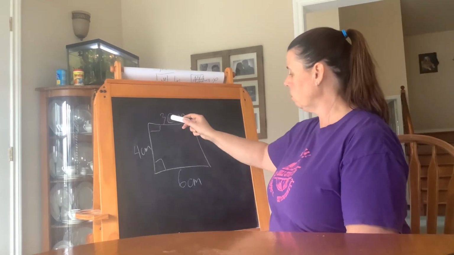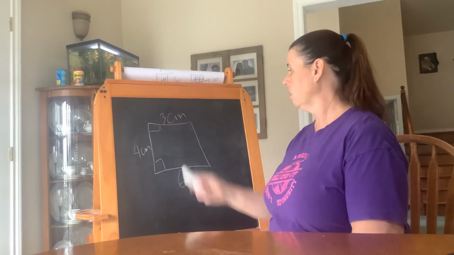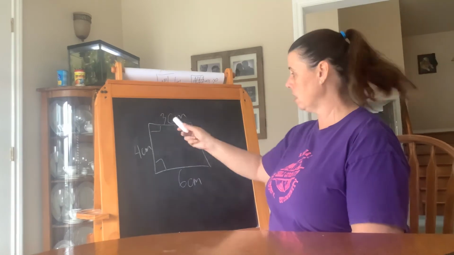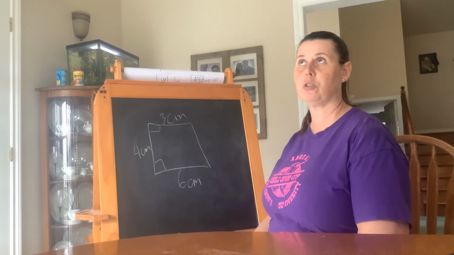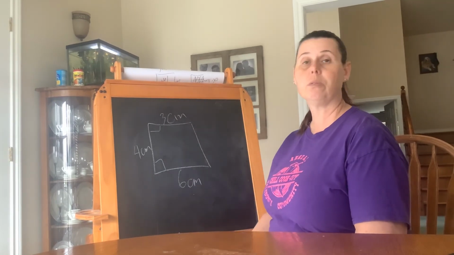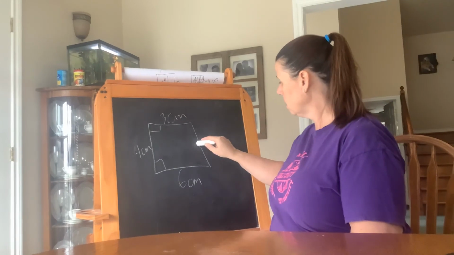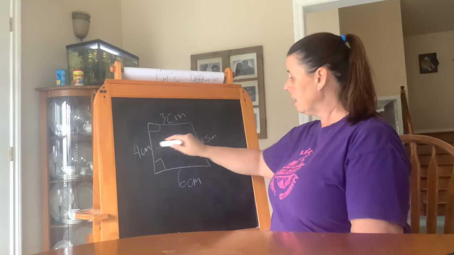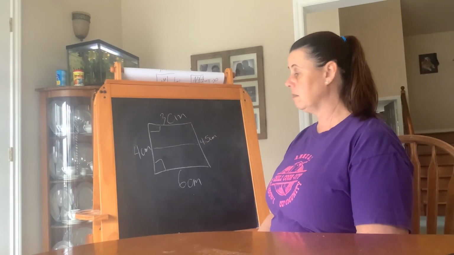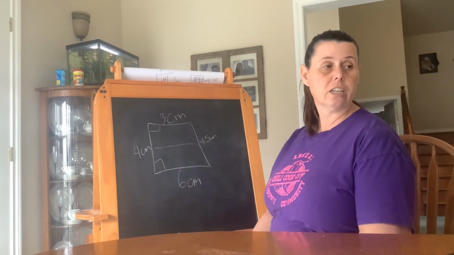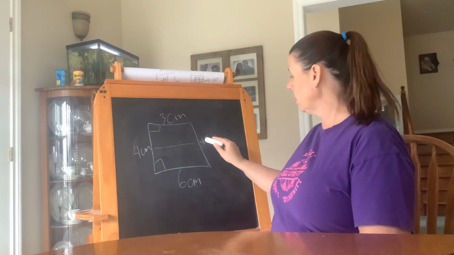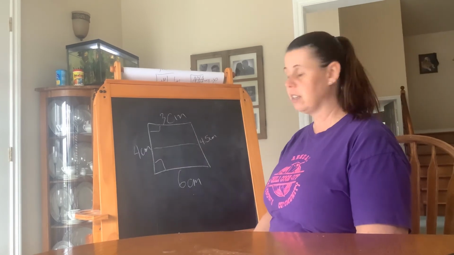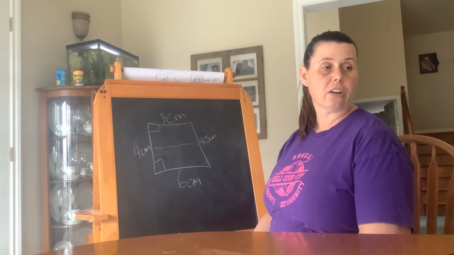I gotta figure out what's between 3 and 6. Well, I'm gonna add them together. 3 and 6 is 9. Half of 9 would be 4.5. So my length is gonna be 4.5 centimeters. They gave me my height, right? It's already on there. So I'm going to multiply my length by my height and get the area.